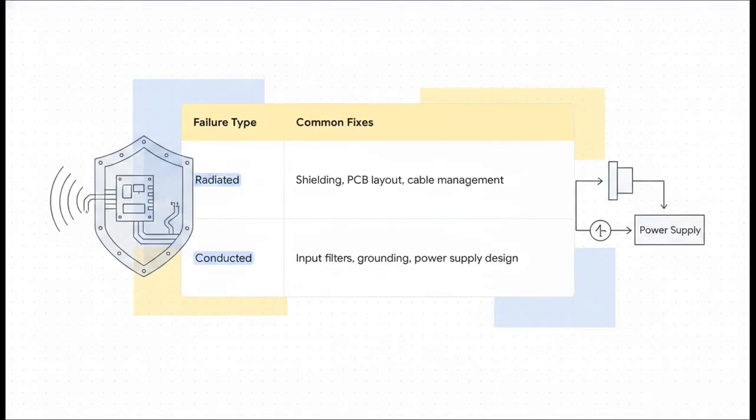And this slide really summarizes the two different toolkits you're going to need. For radiated failures, you're working with physical solutions, things like metal shields, better circuit board layouts, cable management. But for conducted failures, you're working with electrical solutions: input filters, grounding schemes, power supply design. See? Two totally distinct paths.